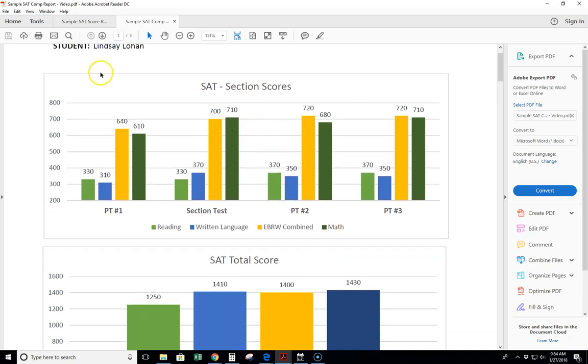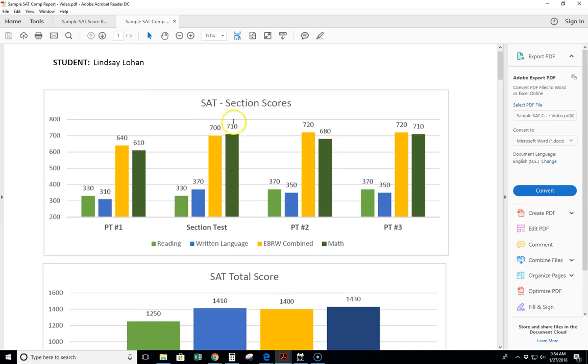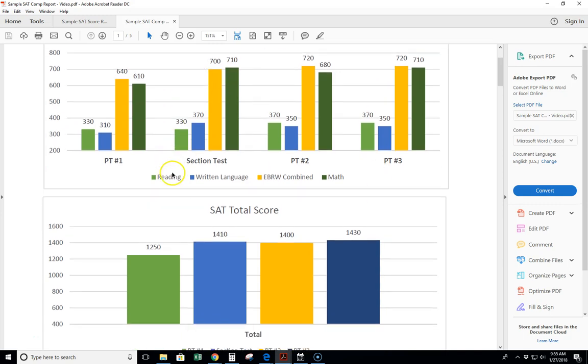As we continue along with the tests, we're going to give you this sort of report. Here you can see the progression you're having within the sections. Looking at the reading individually, looking at the written language, you can see your progress there. Looking at them combined, the evidence-based reading and writing. And then the math, and the progress coming from within that section.